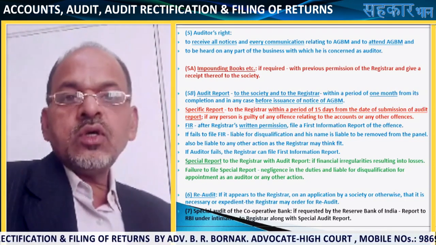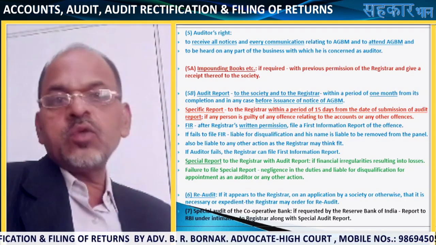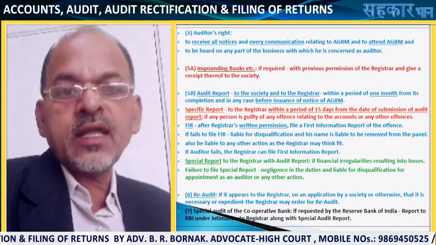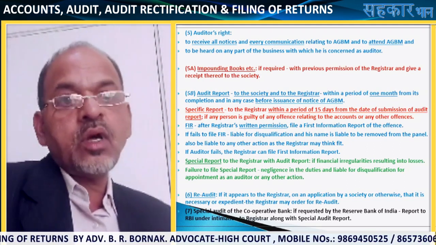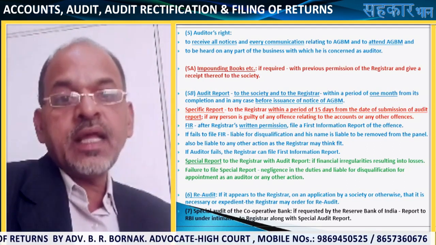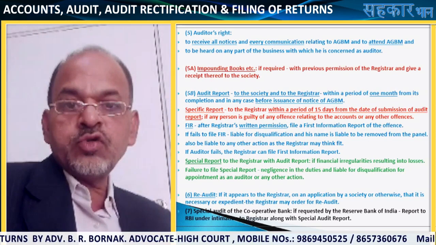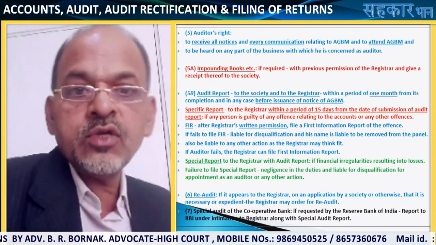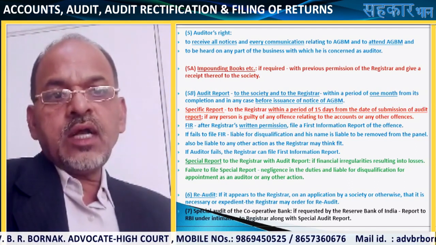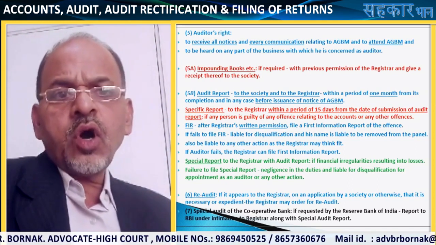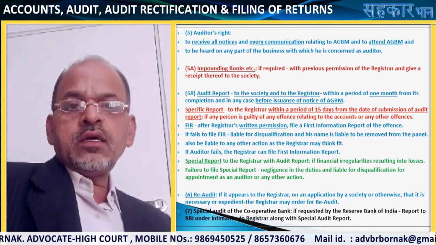To consider the audit report should be one of the agenda items before the annual general body meeting. So there is also a time limit to give the audit report to the society and registrar, that is within 1 month after completion of audit, or in any case before issuing notice of the annual general body meeting. Okay.